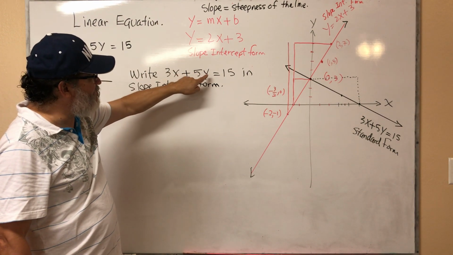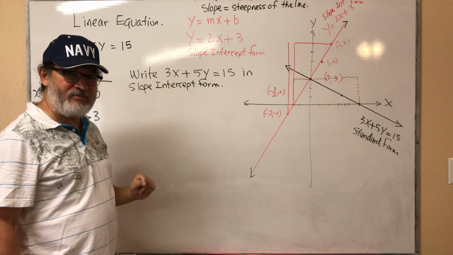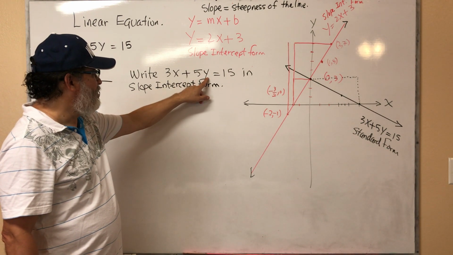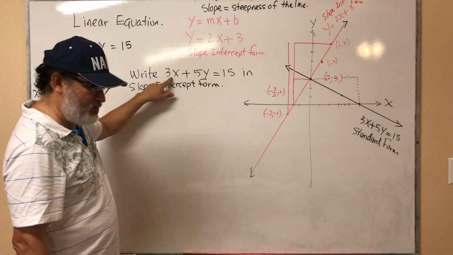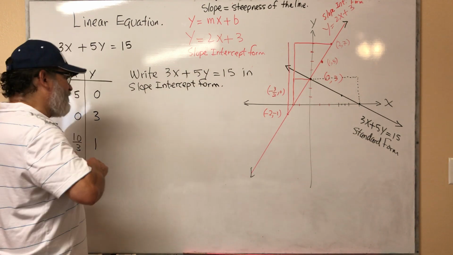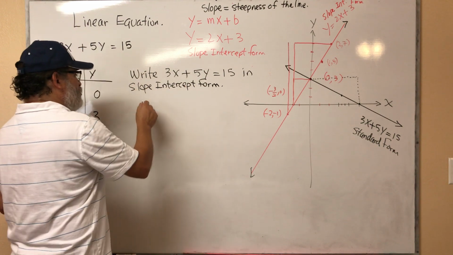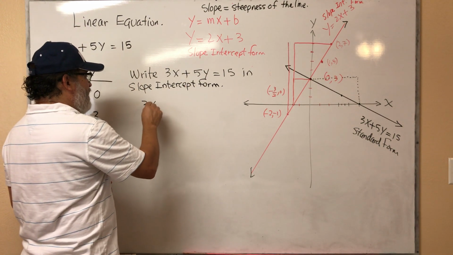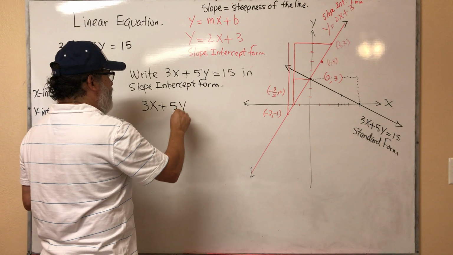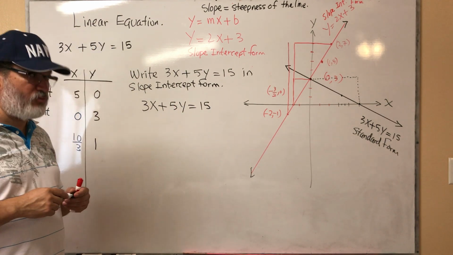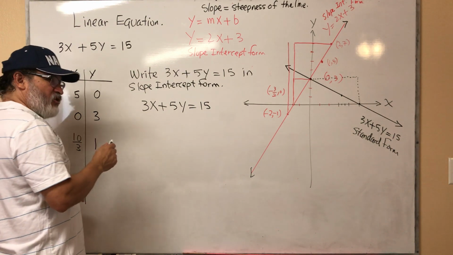So I better solve for y. How am I going to solve for y? Well, first, let me get rid of this 3x. So first we have 3x plus 5y equals 15, and I'm going to solve for y. That's what it means to write it in slope-intercept form.